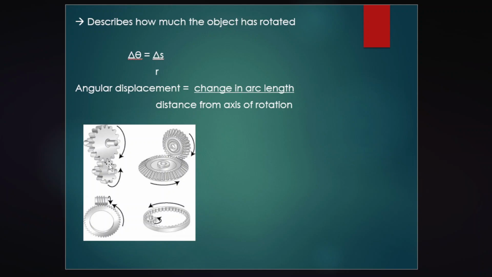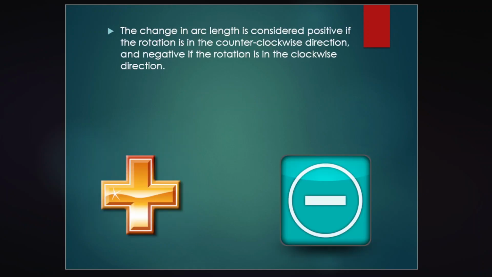So if this one turned 90 degrees, maybe this one only turned 45 degrees. And that's one of the powers of gears, you can basically manipulate the advantages there. We consider angular displacement positive when it's counterclockwise, negative when it's clockwise.